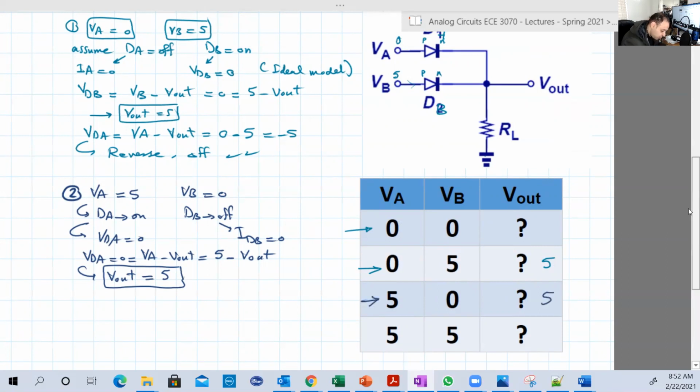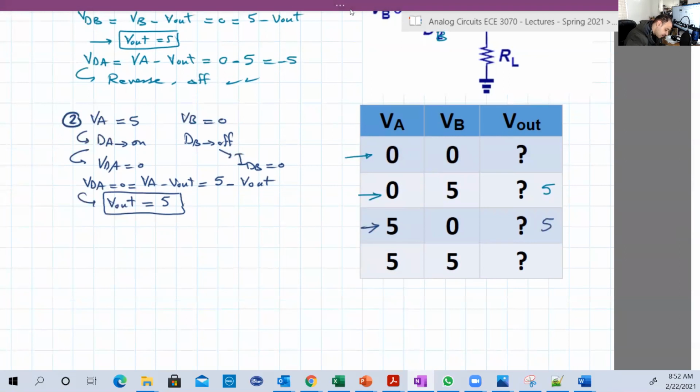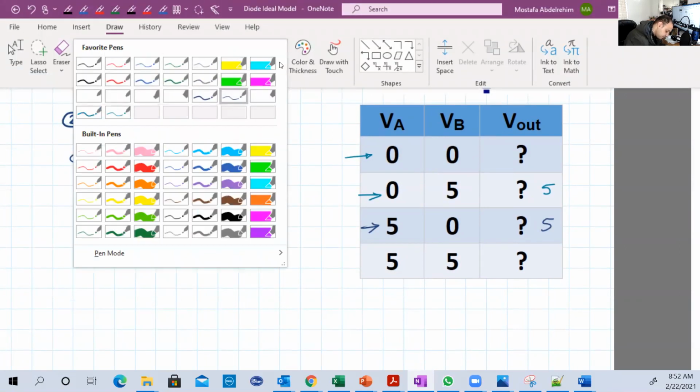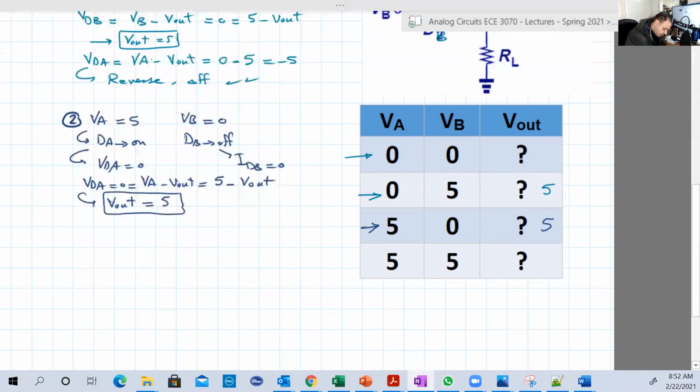Now let's do 0, 0. Again, another color. Let's take blue, for example. Number 3, VA 0, VB 0. We see that when any input is 0, the diode is off. So we're gonna assume both are off now. So DA and DB are off.